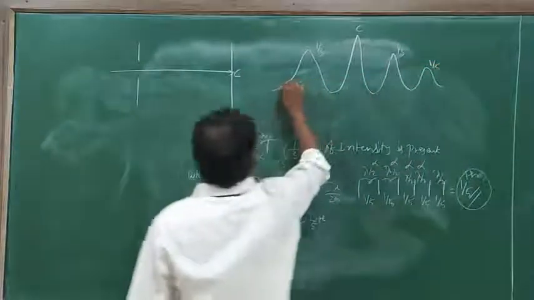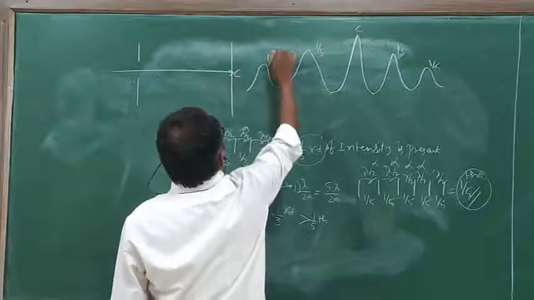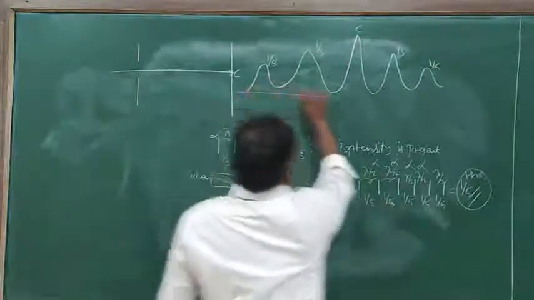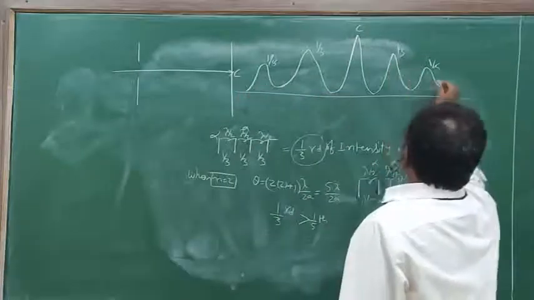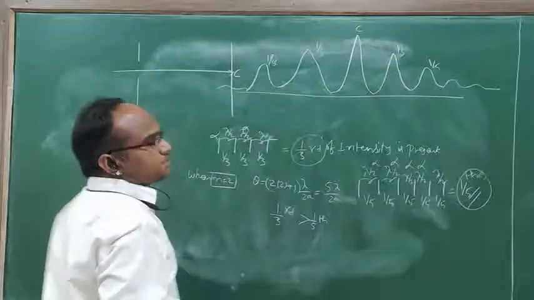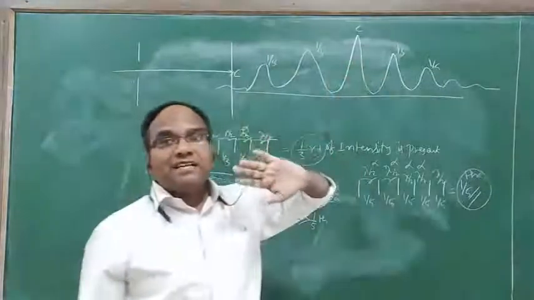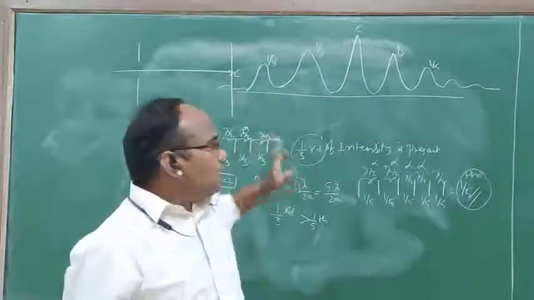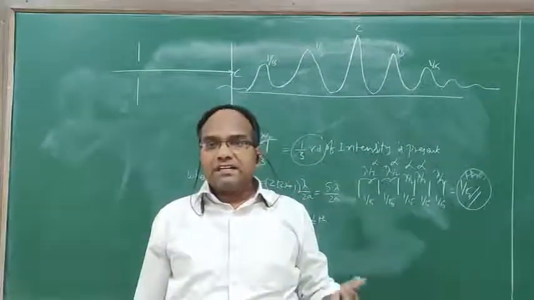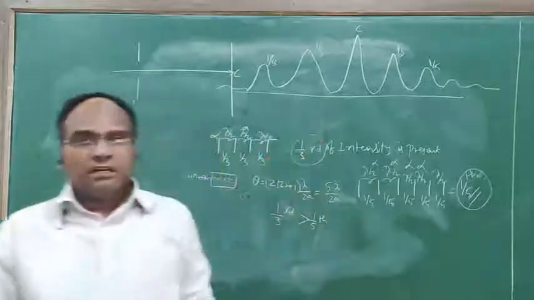Here also it is 1 by 5th of the intensity of light. Like this, the intensity of light is slowly decreasing and it is becoming 0. So this point C is nothing but the bright central maxima. And here is the condition for intensity minima as well as the condition for intensity maximum. So we will get the graph like this.